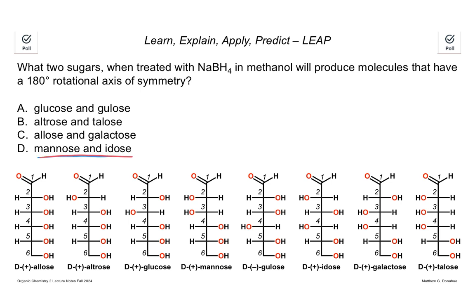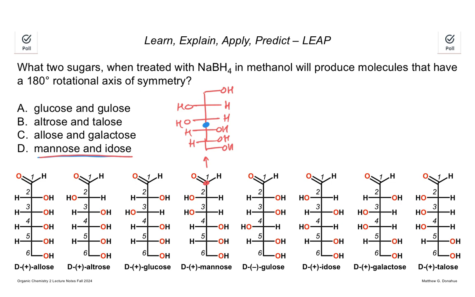So let's do mannose. If we reduce carbon 1 to the primary alcohol, the rotation axis will be right here where that blue dot is.